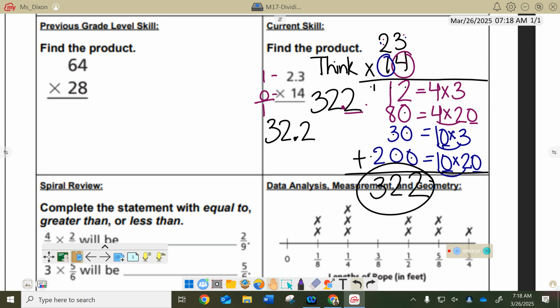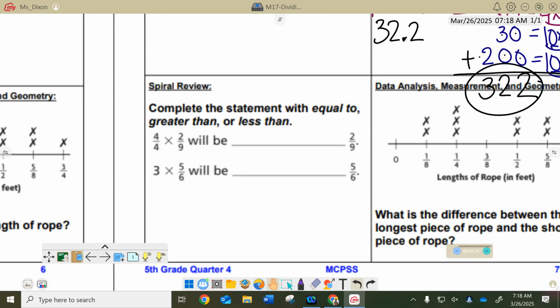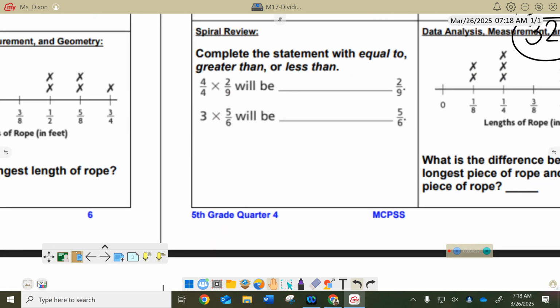Also on this page, I want to look at our spiral review. On this spiral review, we are looking at scaling. When you are scaling, you want to compare your comparable factor, that is the factor that is not repeated, to 1. Whatever you get is going to be your answer.